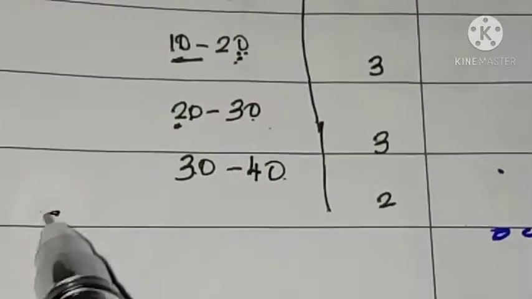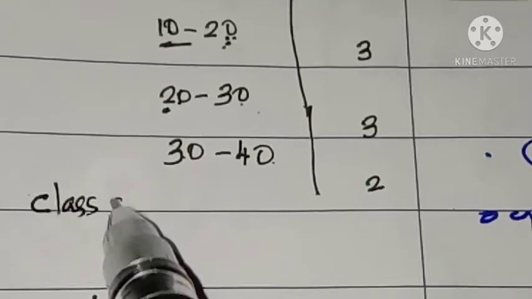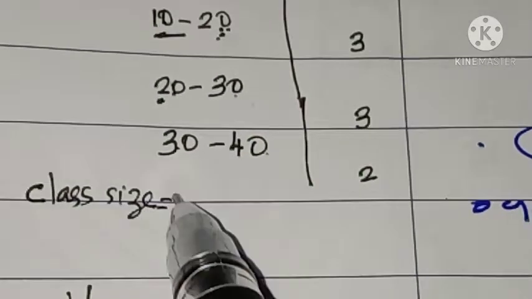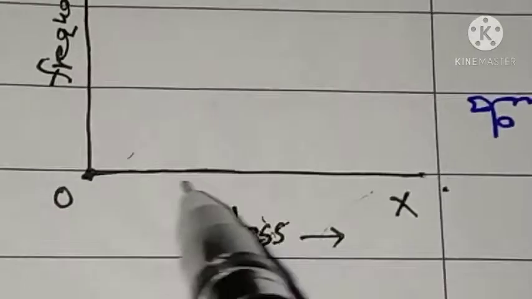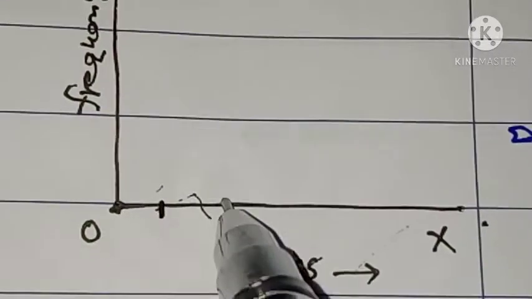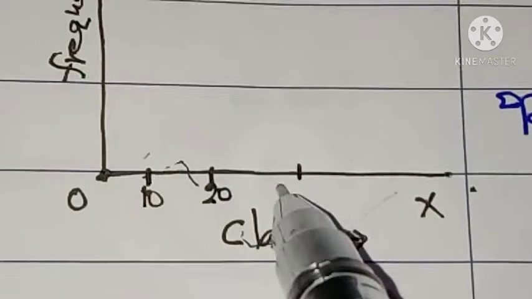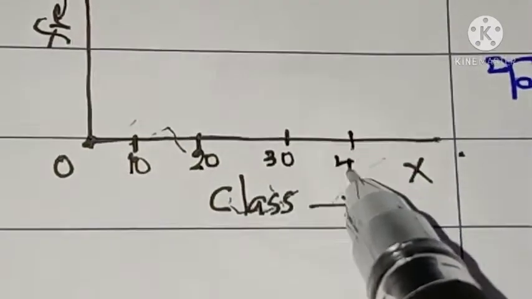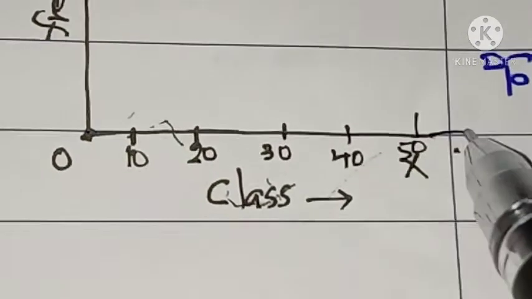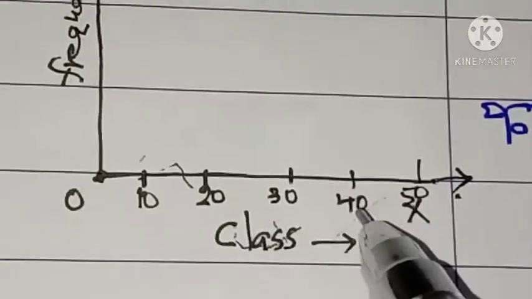So the class size is the same for each class. Along the x-axis you have to take the points 10, 20, 30, 40, 50, etc. We need only up to 40.